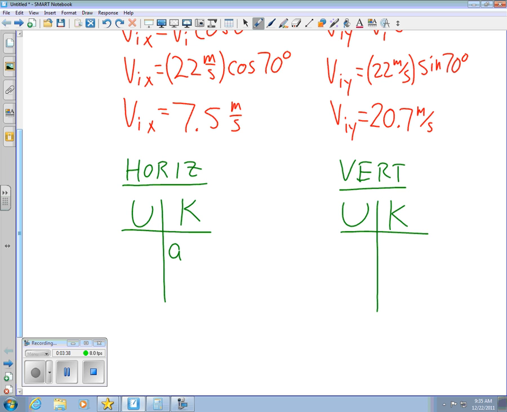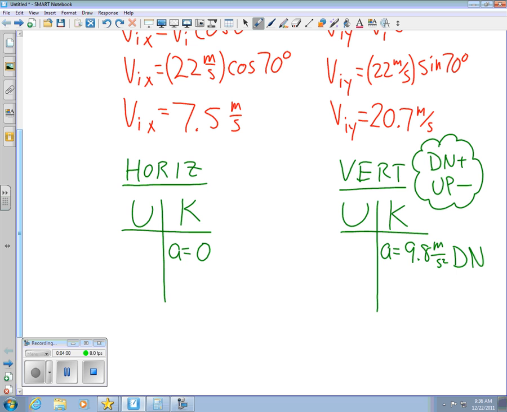The acceleration under horizontal is 0. And the acceleration under vertical is 9.8 meters per second squared, and I will put the direction of down. While I'm at it under vertical, I will put in a code. I'm going to make down positive and up negative. There's my nice code there.